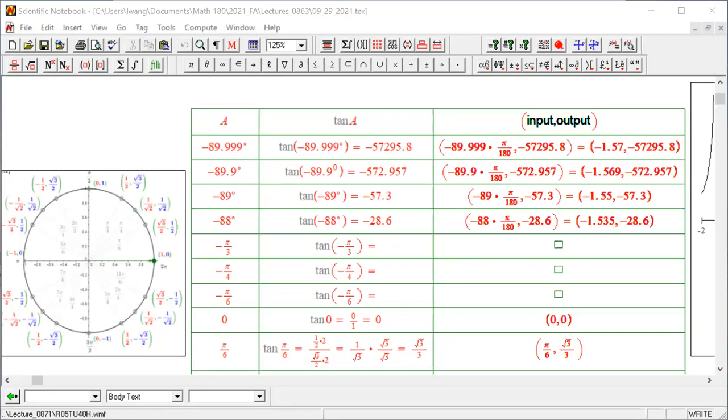Wilbur, could you check your answer? I got the value for tangent of negative pi over 3. Type it in the chat.